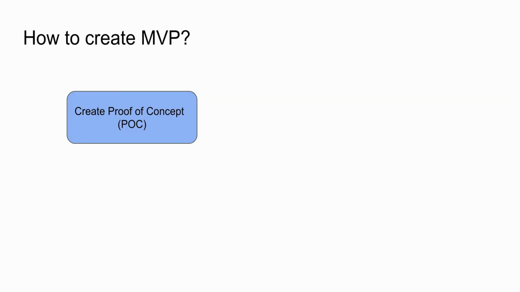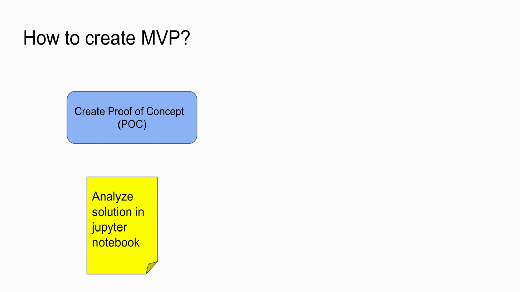So the big process is going to be: we want to create a proof of concept, or POC, and this is usually on a Jupyter notebook where you can analyze the details, play with the graphs and visualize them, clean your data, and create a proof of concept that works for you and your client or your boss or your manager, whoever you are working with.